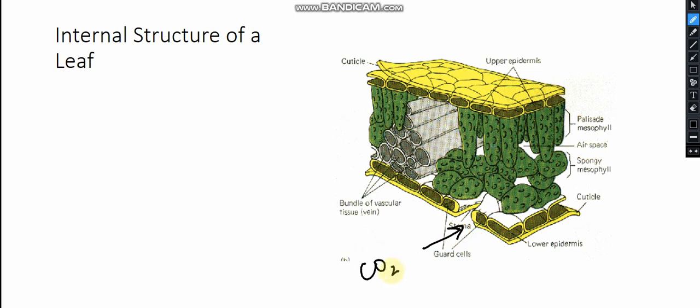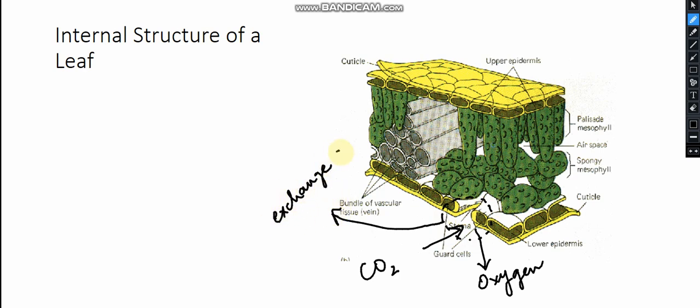Very briefly, if I talk about the internal structure of a leaf, this part, the stoma, is very important because through this part, carbon dioxide is entering and oxygen is leaving into the environment. So I can briefly say that this particular part of a leaf is responsible for the exchange of gases.